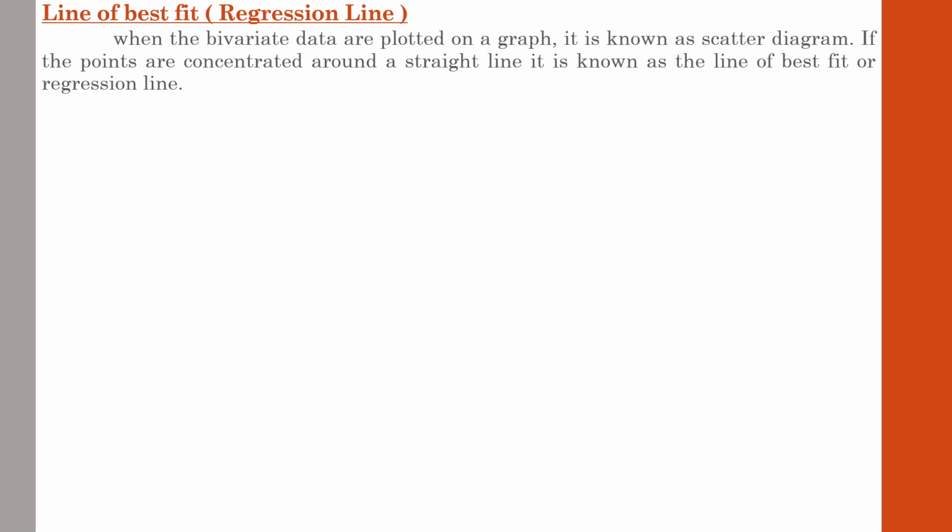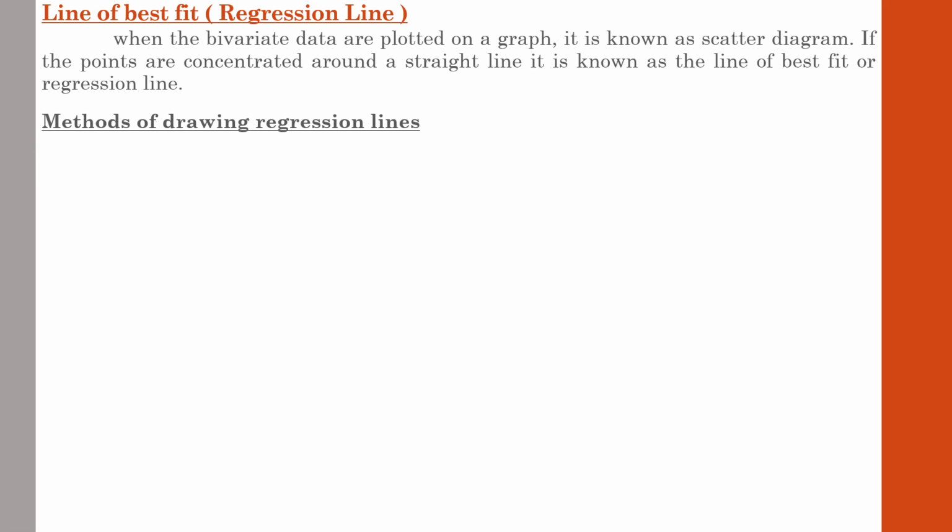That is, the line of best fit is the line which is closer to the points of the scatter diagram. This line is also known as regression line. So, a regression line is a graphical technique to show the functional relationship between dependent and independent variable.